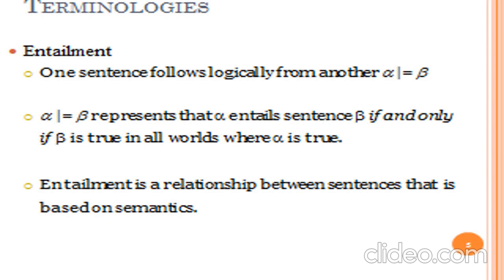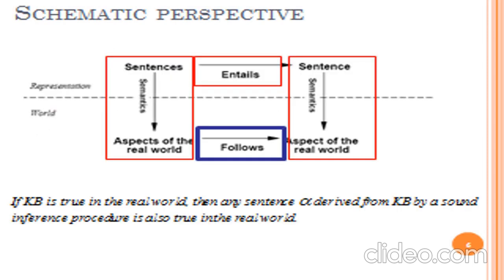Now let us try to understand the schematic perspective of it. There are basically two terms: one is representation, the other is world. In representation, there are sentences which are facts, and they map to aspects of the real world.